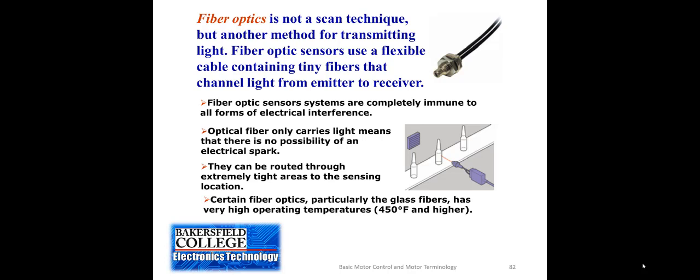There could be other reasons why we would want to locate the sensor further away from the object than it normally would be. So fiber optics is not really a scan technique, but it's a way of getting the light to there and from there. There's a lot of advantages of fiber optics. You can see those advantages on this screen.